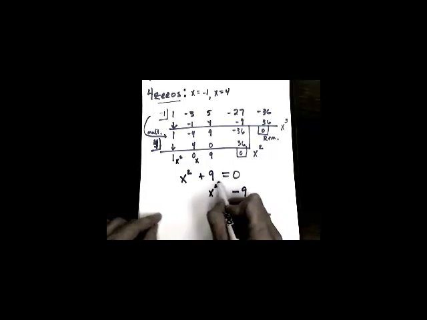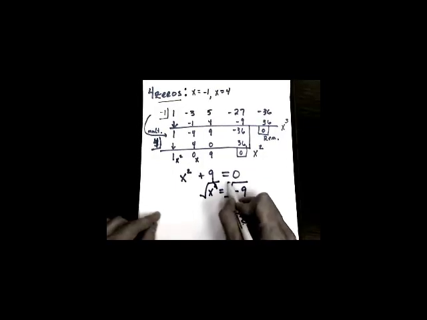To get x by itself, I take the square root to cancel the square. Do the same thing on the other side. And remember, when you put a square root into a problem that wasn't there to begin with, you always have to put a plus or minus with it. We have a negative under the radical, and that makes our answer imaginary. Square root of -9 is 3i. So the last 2 zeros we get for the function are +3i and -3i.